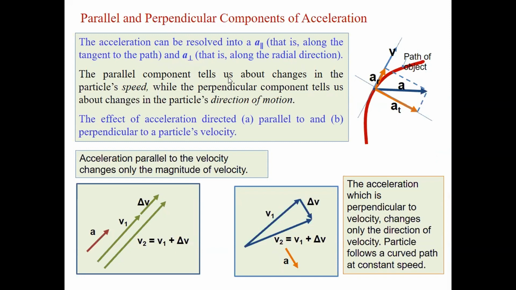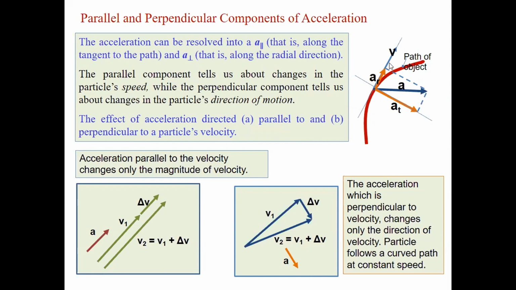The parallel component tells us about the changes in the particle's speed, while the perpendicular component tells us about the changes in the particle's direction. The effect of the acceleration is basically directed as A parallel to and B perpendicular to the particle's velocity.